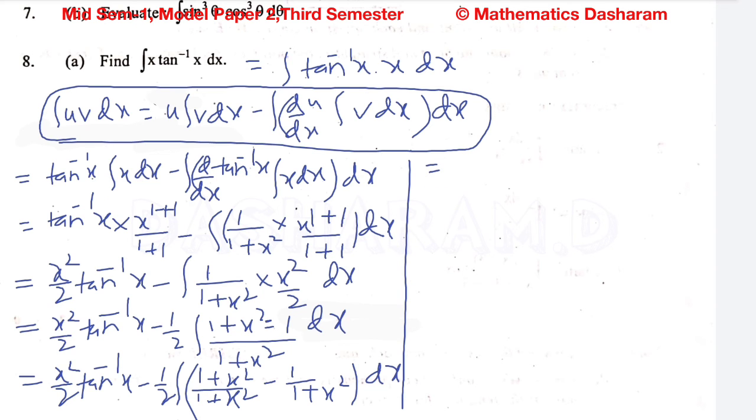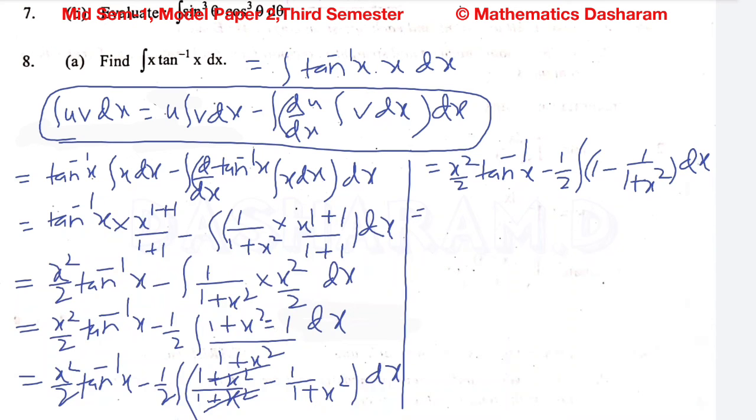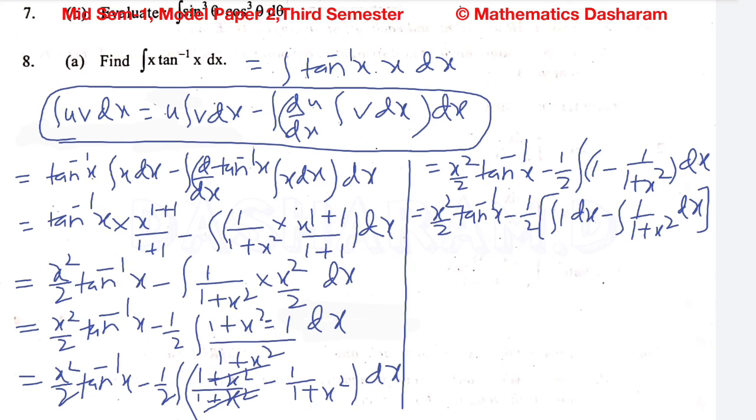So it is equal to x square by 2 into tan inverse x minus 1 by 2 integration, here both cancel, 1 minus 1 by 1 plus x square dx. So now apply the integration for each term separately.